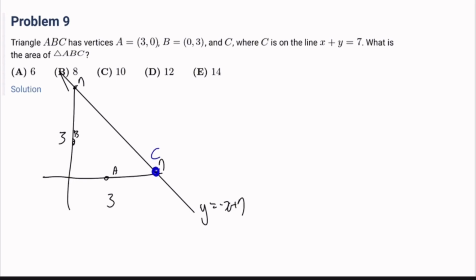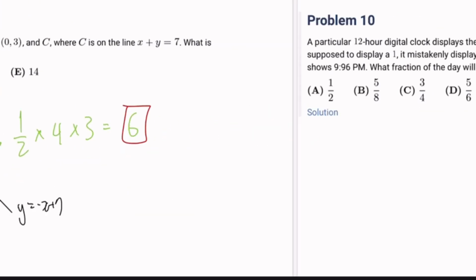Let's say this is C, and this is A and this is B. So the area of that would just be this length multiplied by that length times 1/2, right? So it becomes 1/2 times, since this is 7 and this is 3, it's 4. 4 times this much, that's 3, right? So this is 6. And so this is the answer, it's A.